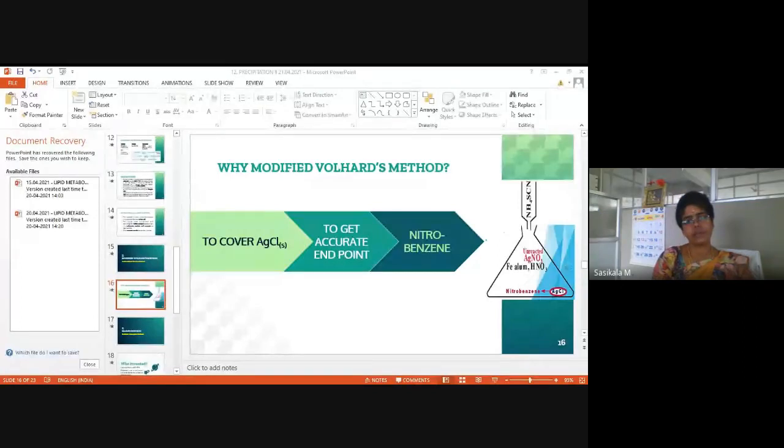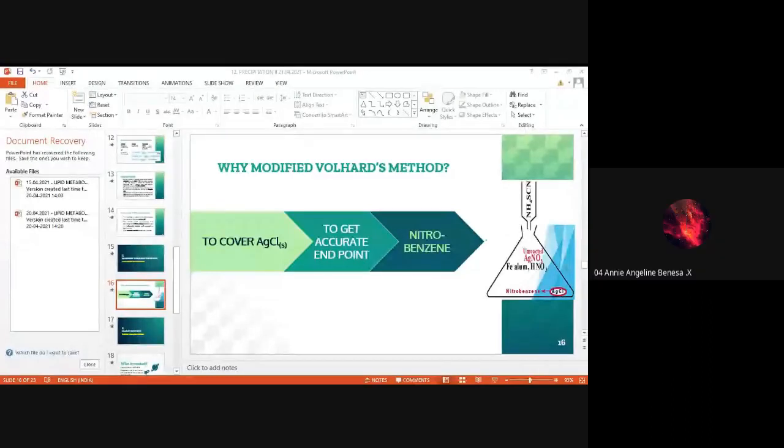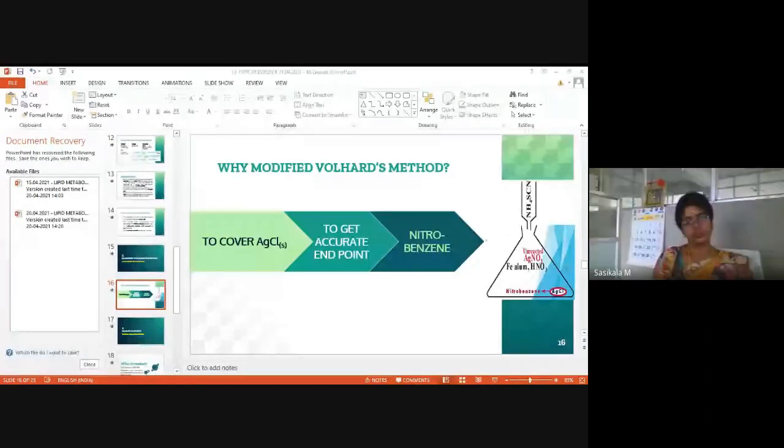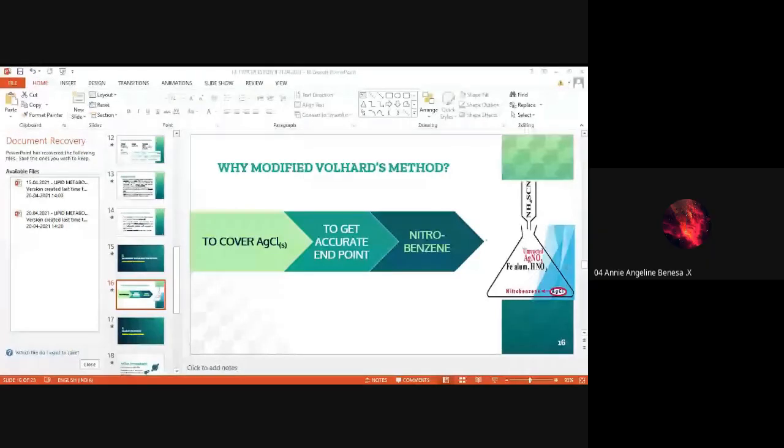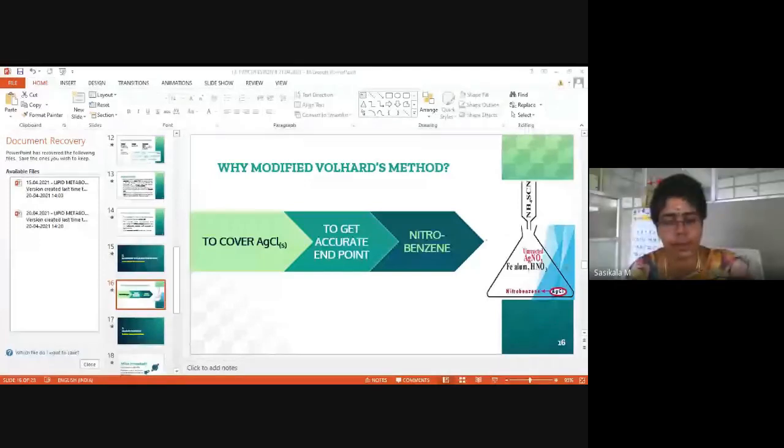What is the difference between Volhard's and modified Volhard's? Addition of nitrobenzene. For what purpose? To cover the silver chloride precipitate.